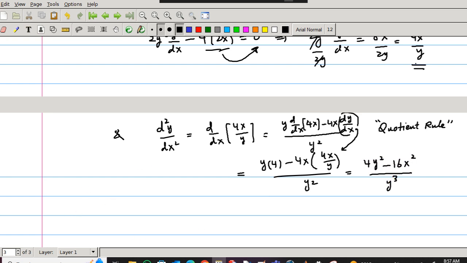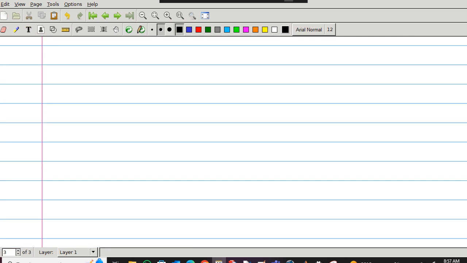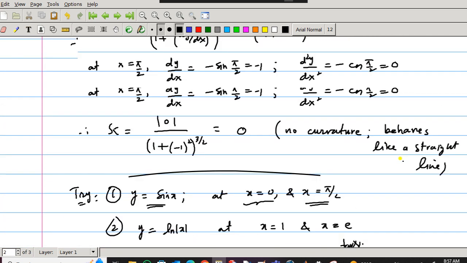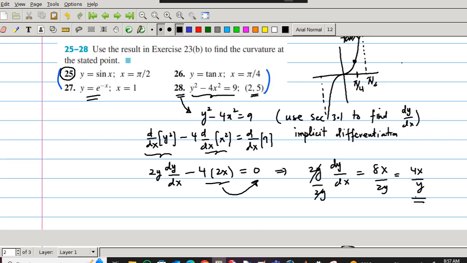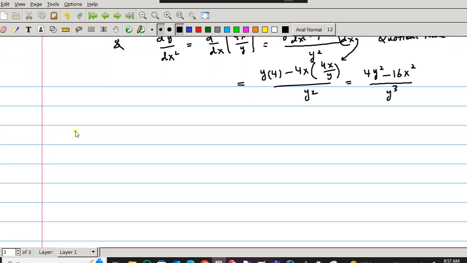Now because the point is also given, if you look at the question, this is (x, y). I have to find the curvature at (2, 5). At the point (2, 5), my derivative dy by dx, which was 4x by y, with x is 2 and y is 5, is 8 by 5.